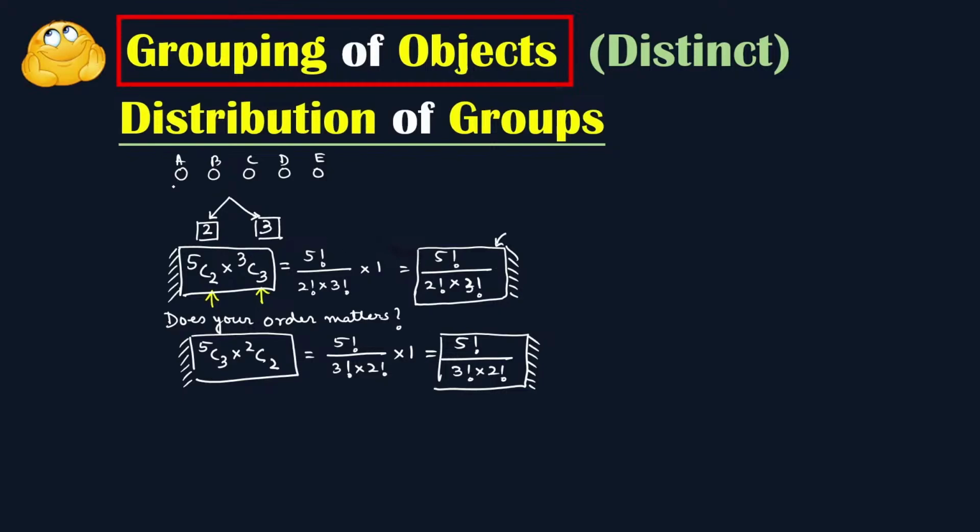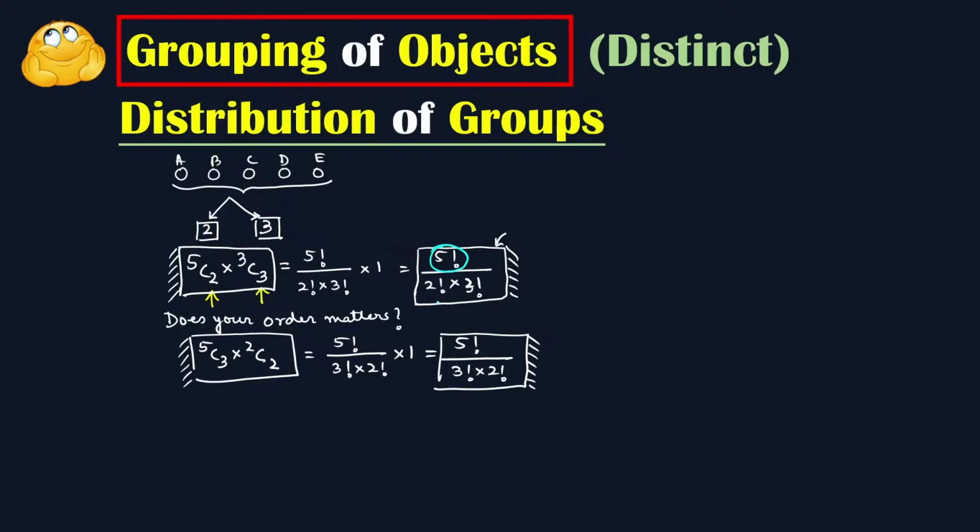When we have been given 5 distinct objects, and out of that you are making 2 groups of 2 and 3 objects, can we write this answer directly? Yes, we can. If you observe carefully, you will find that we have been given 5 distinct objects. So in the numerator I have written factorial 5.